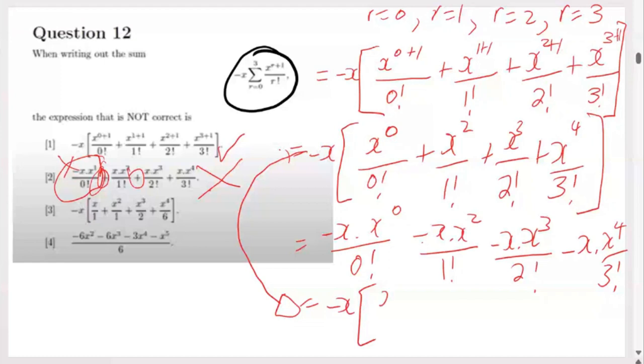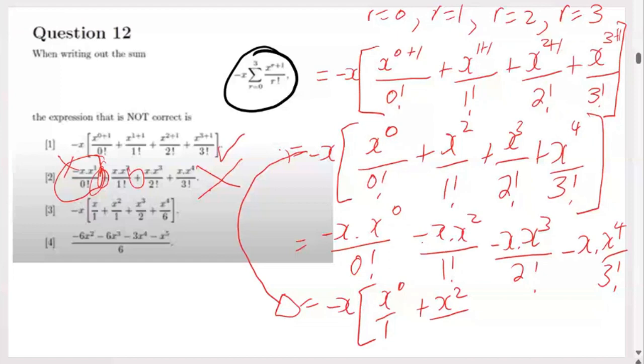Why? What is 0 factorial? It is 1 plus x to the power 2. What is 1 factorial? Quickly, guys, I've stolen your time. That's why I'm doing this. It's 1. 0 factorial is 1, right?